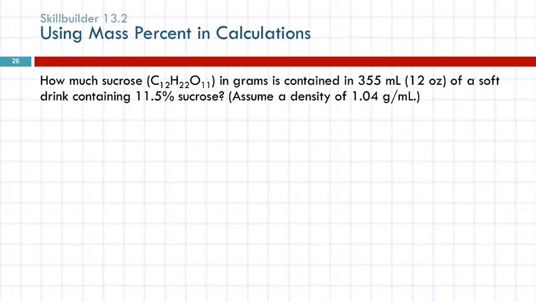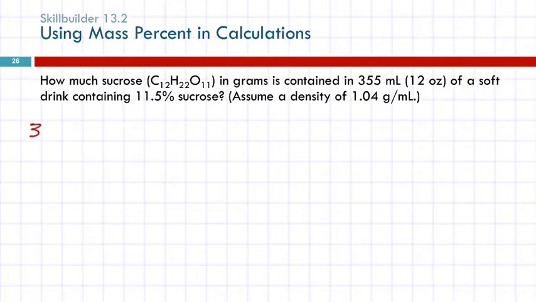So how much sucrose in grams is contained in 355 milliliters of a soft drink? That's 12 ounces. Containing 11.5% sucrose. Assume a density of 1.04 grams per milliliter.